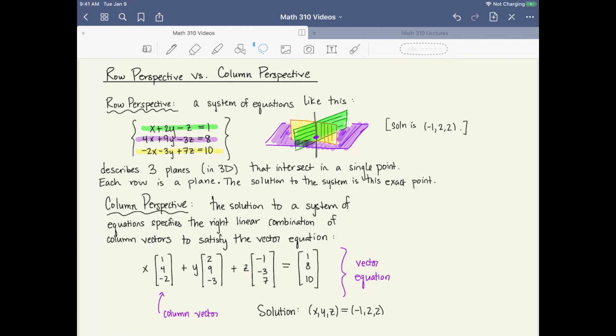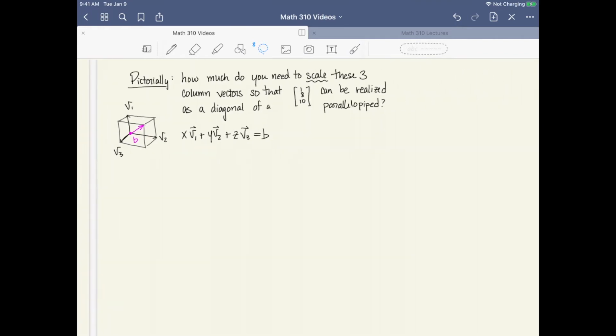In other words, the solution is how much you need to scale these 3 vectors in such a way that you can add them together and then get 1, 8, 10. For this particular solution, we needed to scale x by -1, and we needed to scale y and z up by 2. There's a pictorial way to think about this.